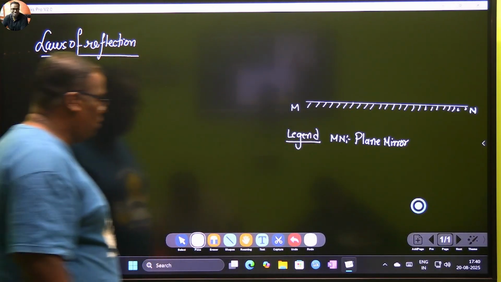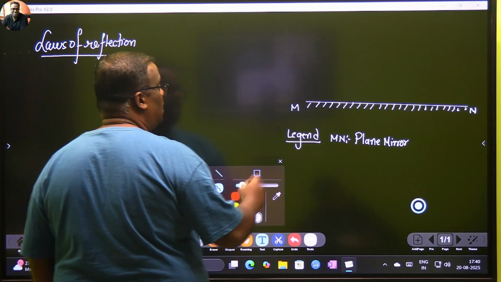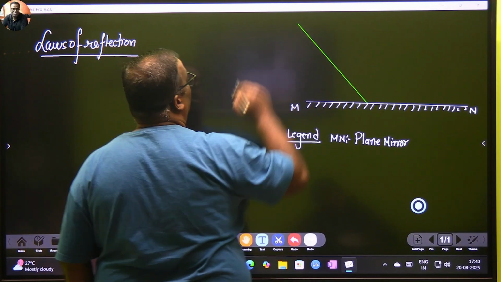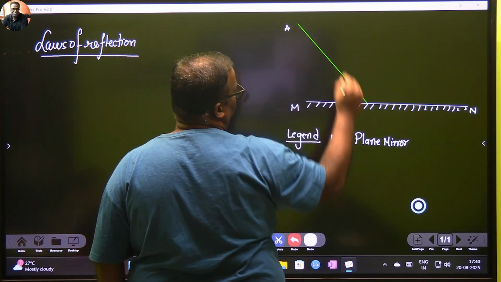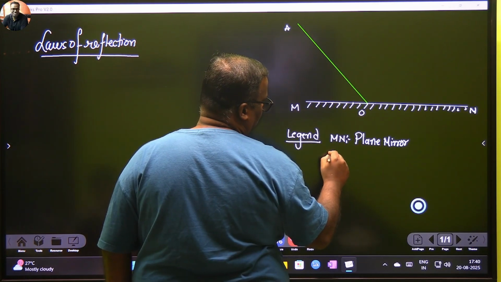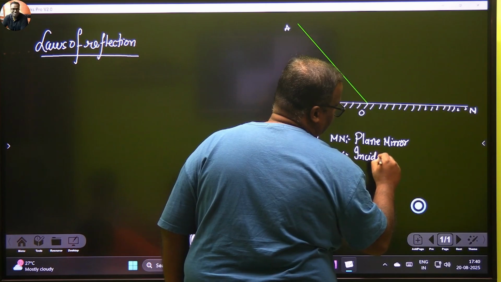Now I need to show here an incident ray. So I'm taking green as my incident ray out here, and I name this point A. I name this point as, say, O. So I write AO is my incident ray.